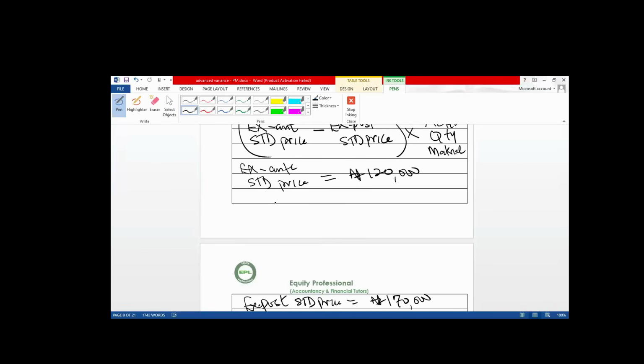The standard material price with error. Is that clear? You said the standard material price with error, that contains error. Okay. And the ex post doesn't contain any error. Okay, good.